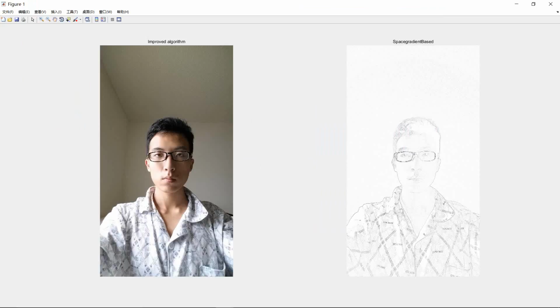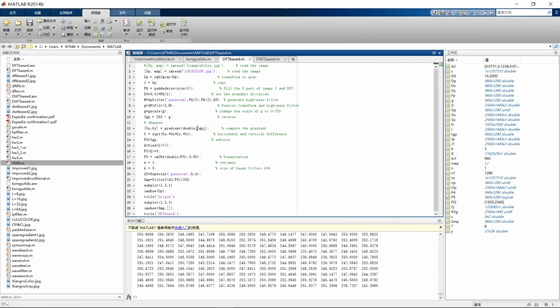This algorithm has a good integrity, but it didn't realize the edge of the wall. That's its problem. The third one is DFT based.